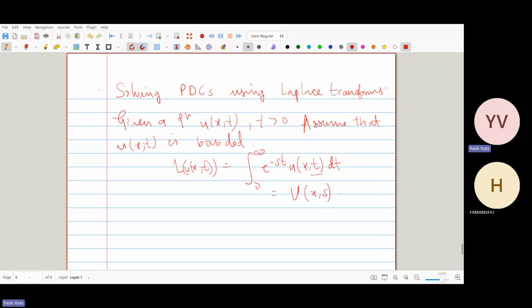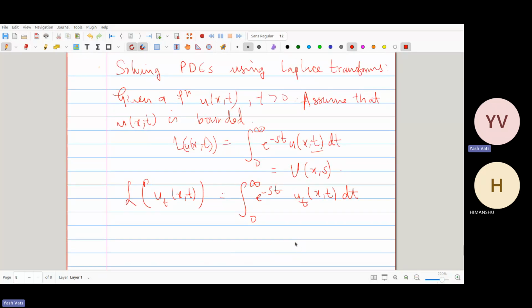So it's just an integration with respect to t, right? Okay. So what is the Laplace transform of u_t(x,t)? Can you tell me? u_t is the partial derivative with respect to t.